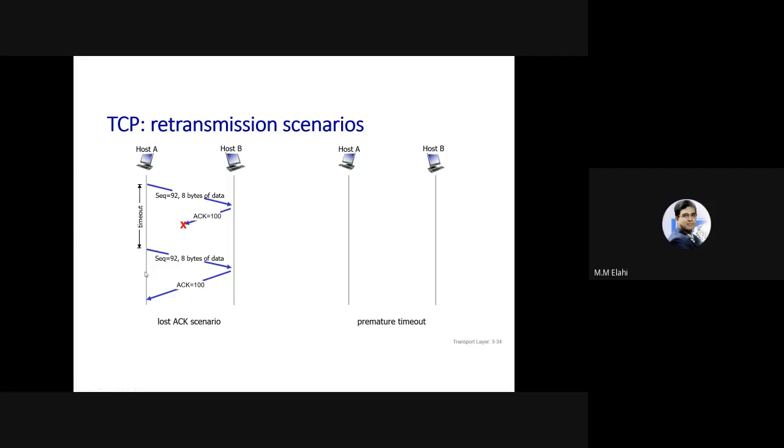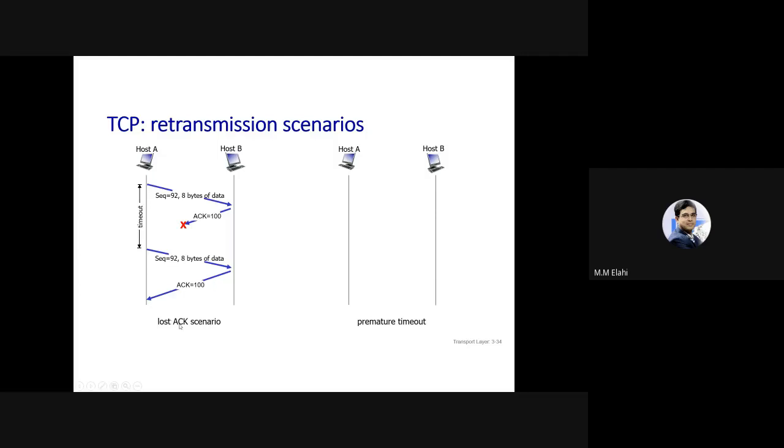No difference, right? Because for the sender, if data is lost or acknowledgement is lost, it is all the same. Within the timeout, no acknowledgement is received, so it will retransmit. But from the receiver's point of view, if data is received and the acknowledgement is lost, then the receiver has received the data. If the data itself is lost, the receiver has not received the data. So from the receiver's point of view, there is a difference.